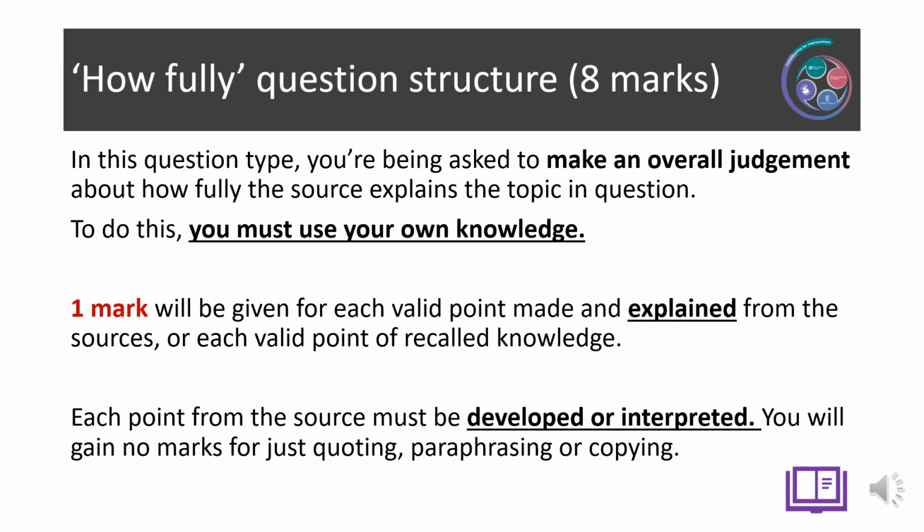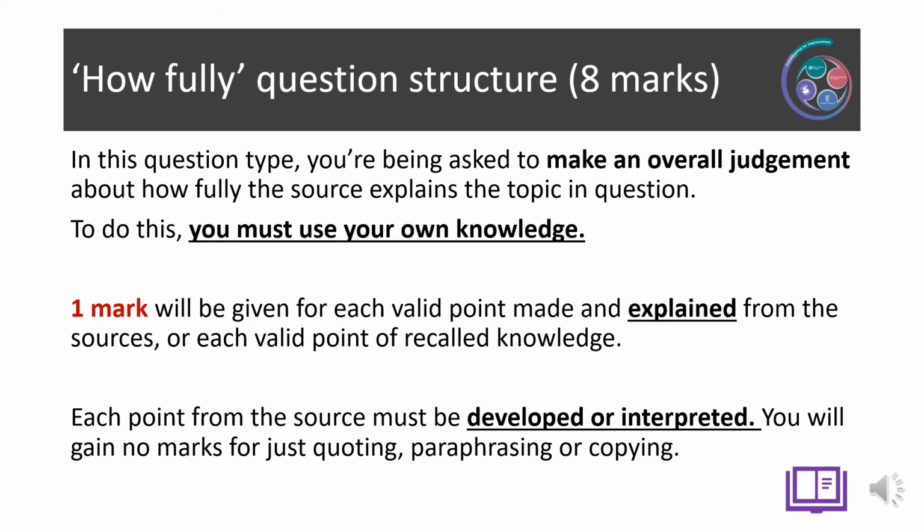of 8 marks. In this question type, you are being asked to make an overall judgment about how fully the source explains the topic in question. To do this, you must use your own recalled knowledge.